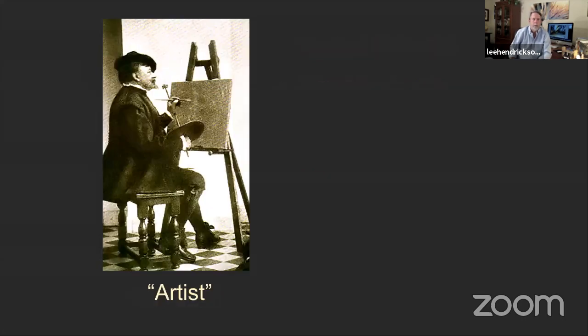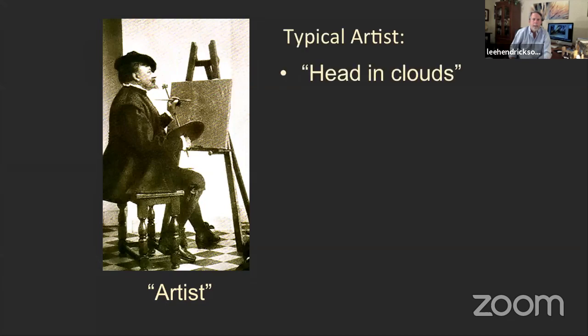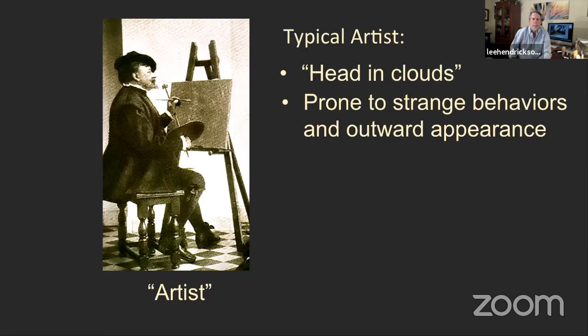When we look at a typical artist, head in the clouds, prone to strange behaviors and outward appearance, and creative. So obviously there are some similarities here, and the creative part certainly is one of the most important.